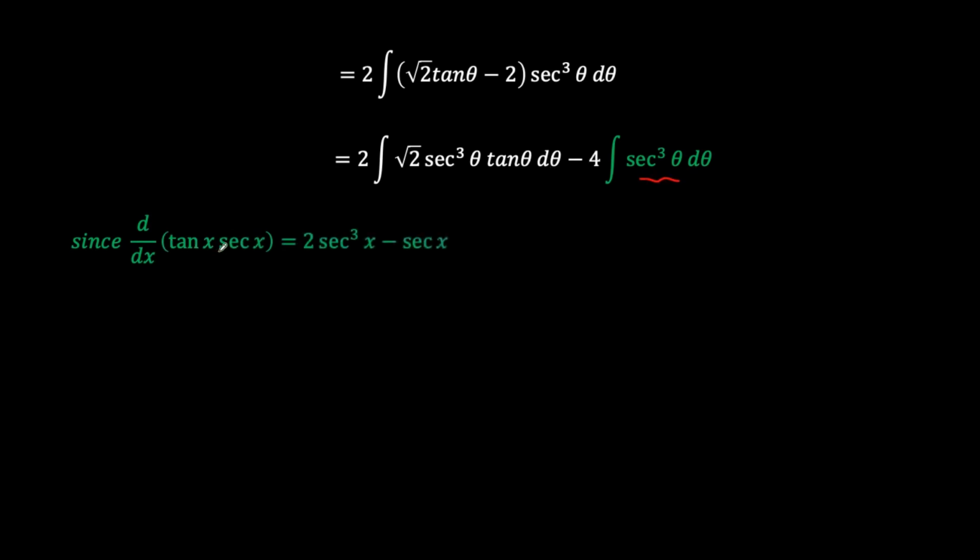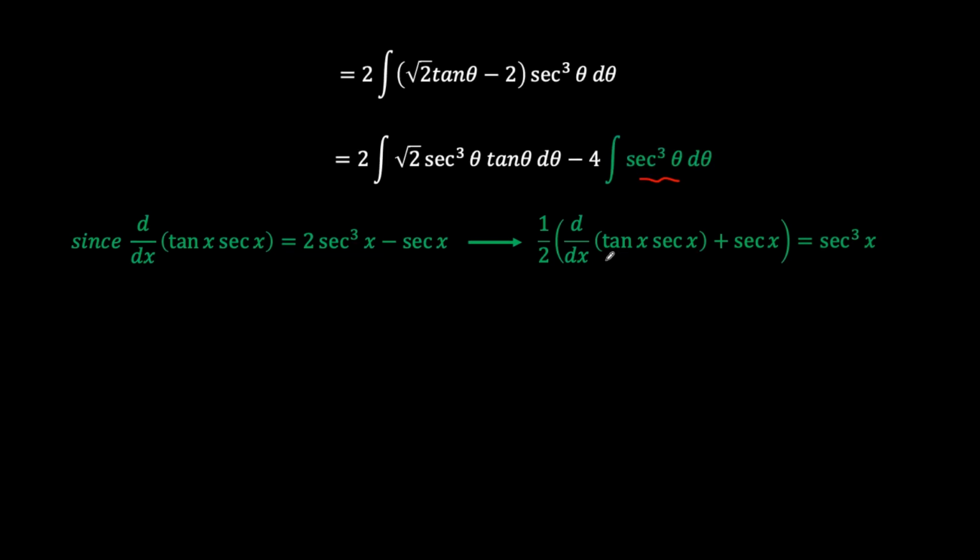When we differentiate tan x times sec x, we get 2 sec cubed x minus sec x, such that when you add this to both sides, a half of the derivative of the product of tan x and sec x plus sec x is equal to sec cubed x.